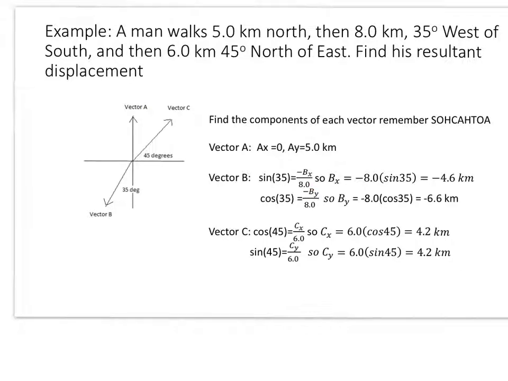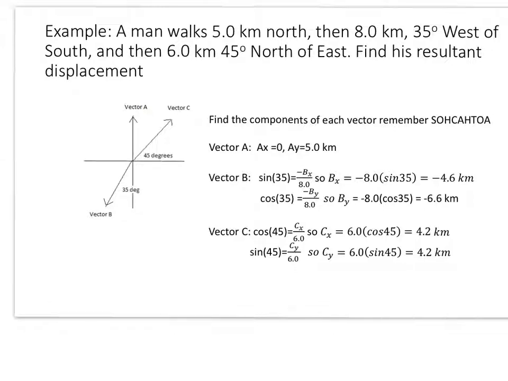We solve for Bx simply by multiplying both sides by 8, and we end up with negative 4.6 kilometers. Again, remember, Bx is going to be negative because it's acting to the left.